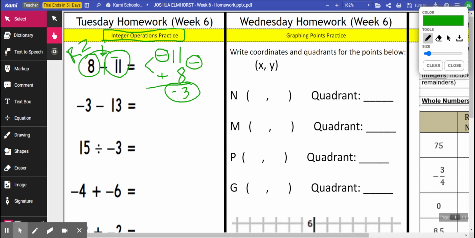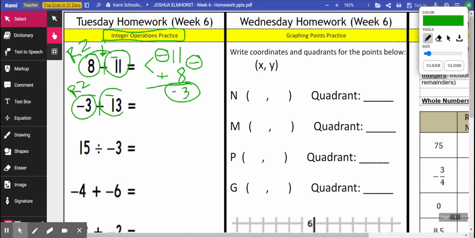For the second example, subtracting 13 positives is the same as adding 13 negatives. So we're going to switch both signs for the subtraction and the integer sign. That was rule 2. Rule 2 says we add the opposite. And now we take a look at them.